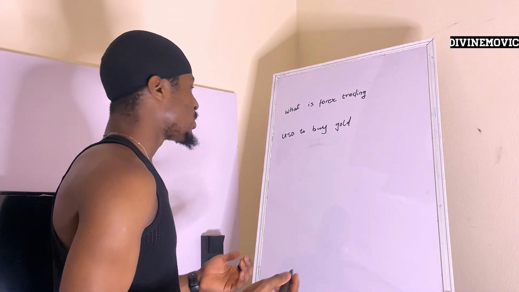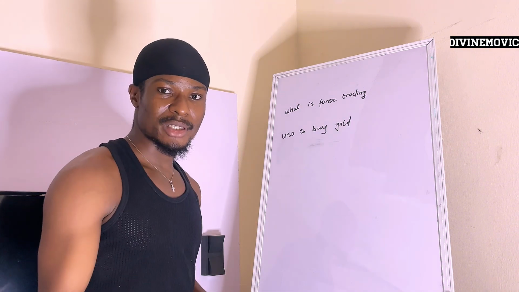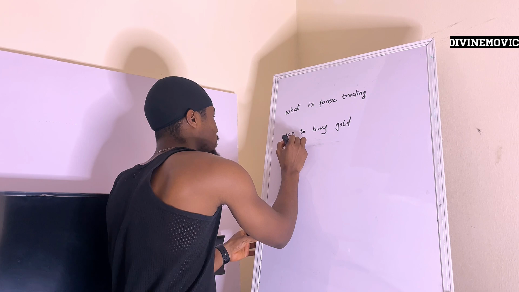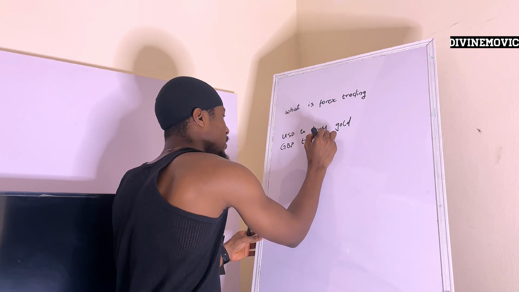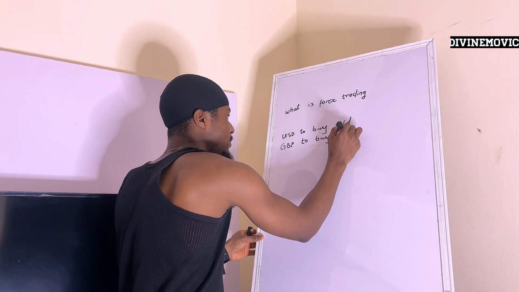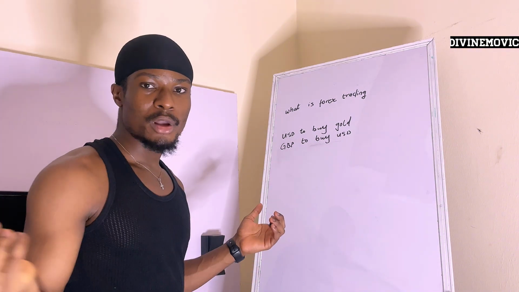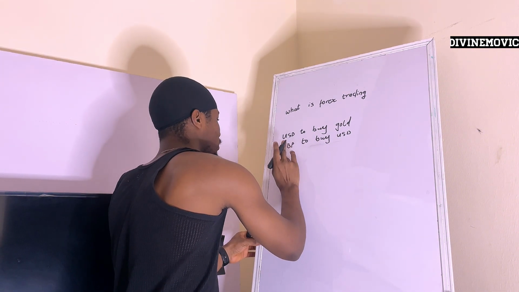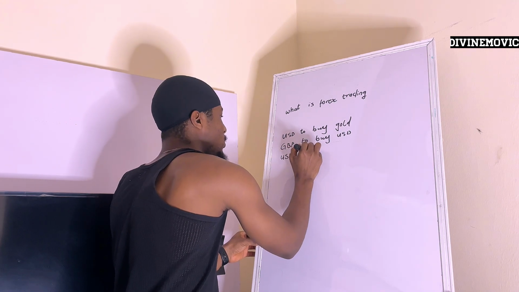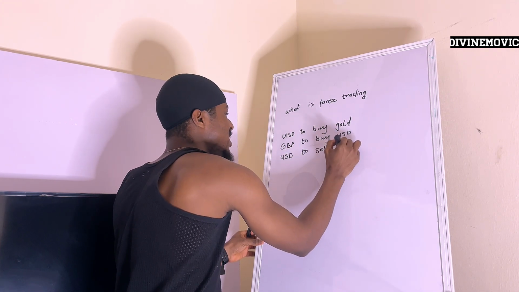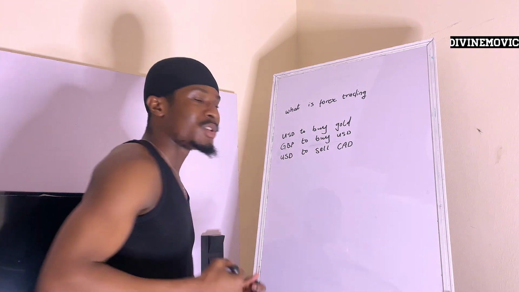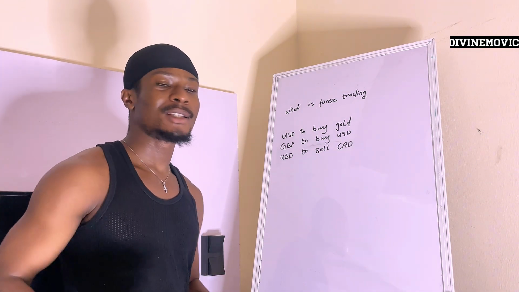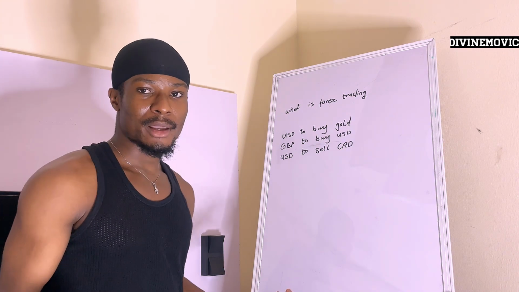You're simply using a currency to buy another currency, or you're simply using GBP to buy USD, or you're simply using USD to sell CAD. You're simply buying different countries' currency, right? And it's always in pair.